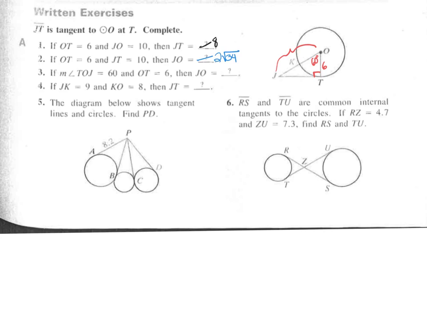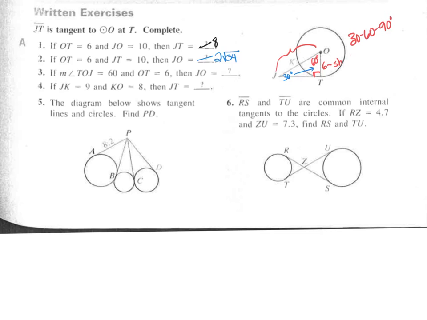That's not going anywhere. So I've got a 30, 60, 90 triangle. And I know the short leg because I know that this angle has to be 30, and across from the 30 would be my short leg. So my short leg is 6.